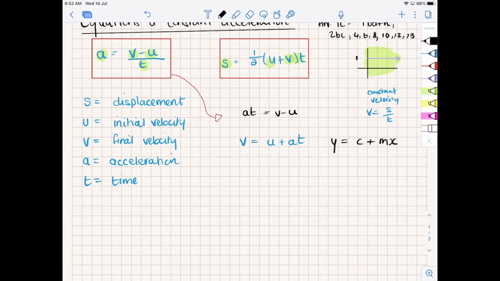So let's think about a very simple example. If you had an initial velocity and constant acceleration, a constant rate, the longer we hold that acceleration for, the faster our final velocity is going to be. If you put your foot on the pedal for 1 second, you will accelerate the car a certain amount.